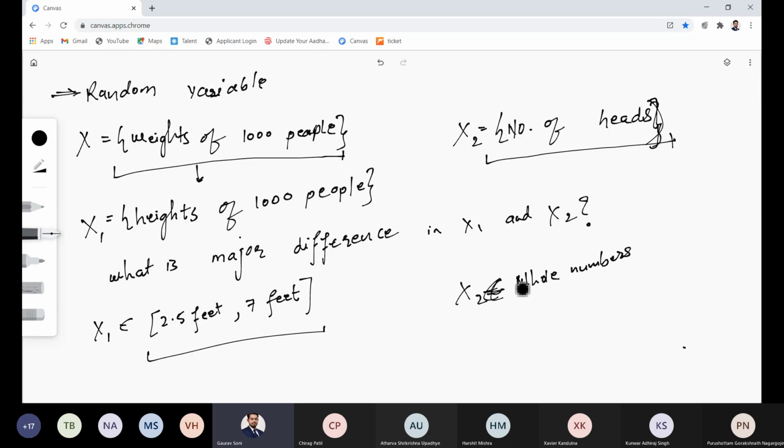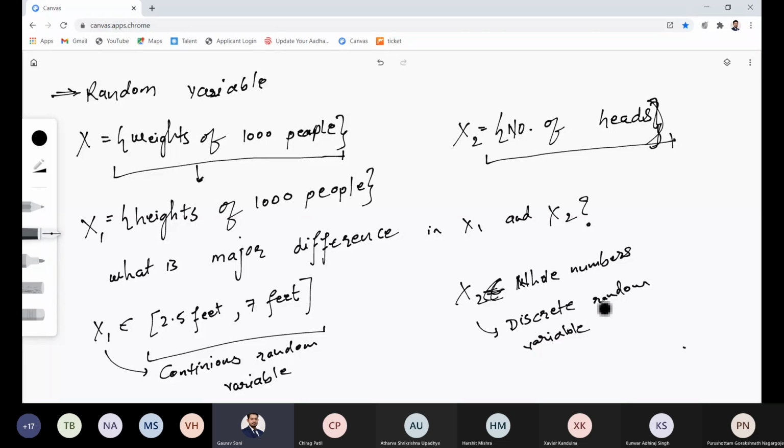Very good, Xavier. So this x1 is called a continuous random variable, whereas x2 is called a discrete random variable.